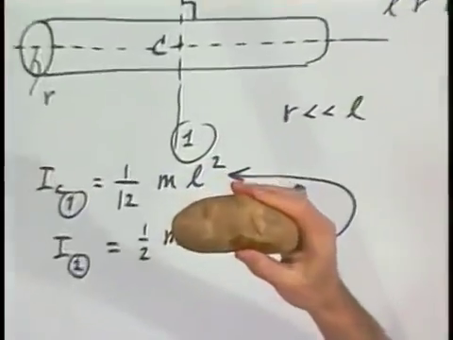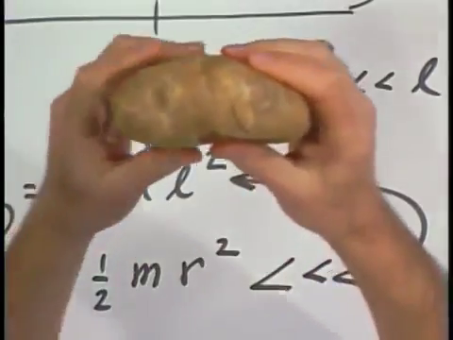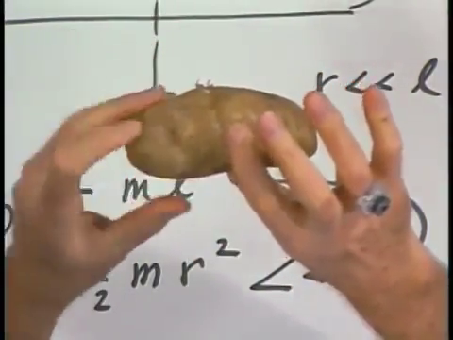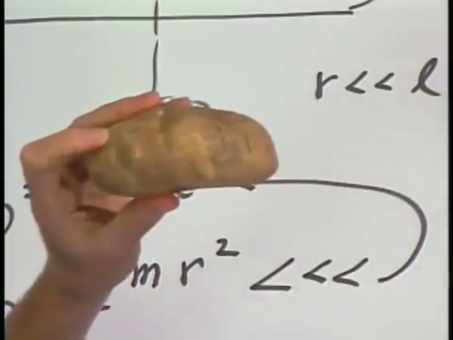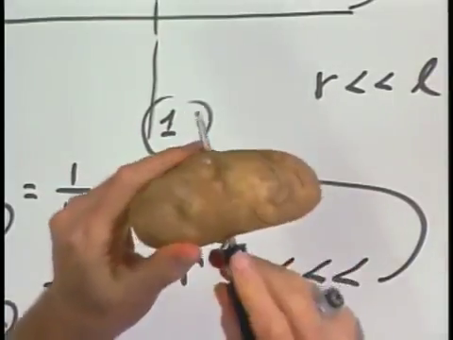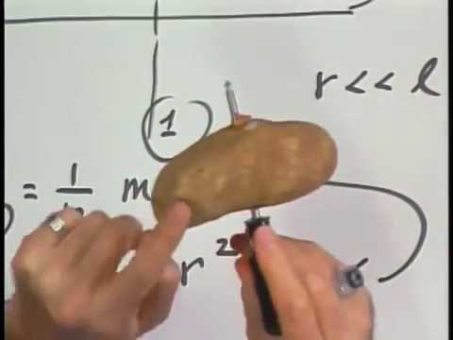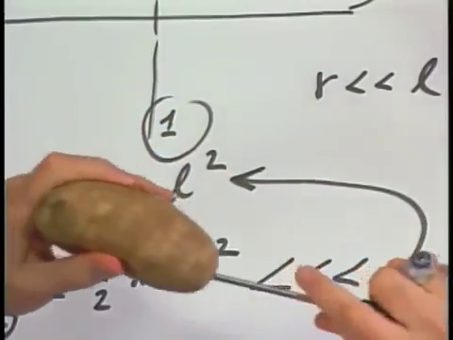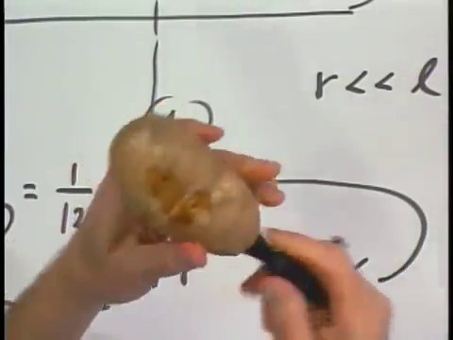If I come back to my potato, here you have a potato. This potato is narrower in this direction than it is long. So the moment of inertia of rotation about this axis would definitely be larger than the moment of inertia for rotation about this axis.